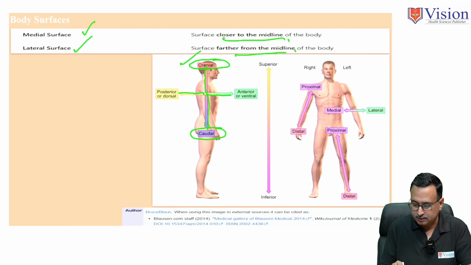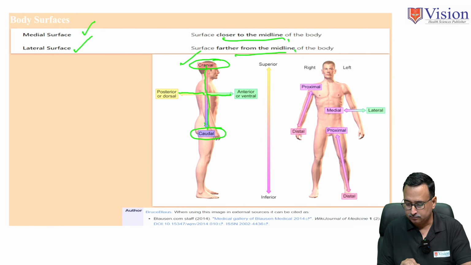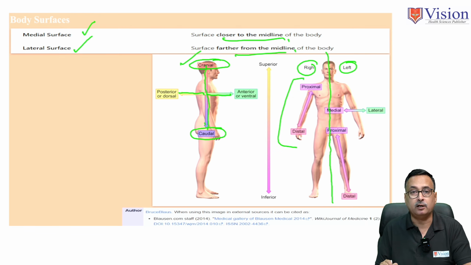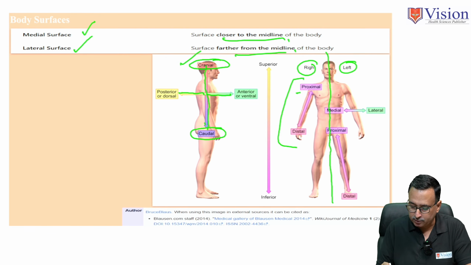This is considered as anterior or ventral. And this diagram shows the division of surfaces on right side and left side. This is the midline passing through the middle of the body, in the center of the body. And this shows two surfaces relationship. One is proximal surface and other is distal surface.